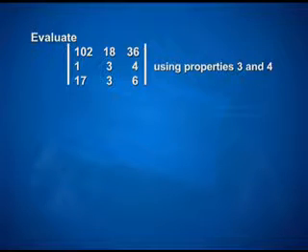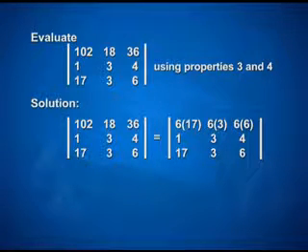Evaluate the determinant 102, 18, 36, 1, 3, 4, 17, 3, 6. For the solution, note that this determinant could be expressed as determinant with 6 into 17, 6 into 3, 6 into 6 as the first row, 1, 3, 4 as the second row, 17, 3, 6 as the third row.